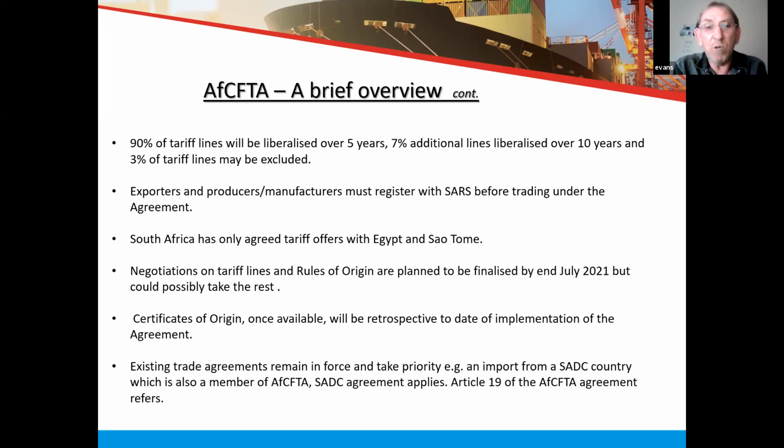There have been huge delays, and so it doesn't look like all these rules of origin and tariff lines and negotiations will be finalized by July. I think it will be extended quite a way into the end or near the end of the year. But I think they are trying to speed it up as quickly as possible because people do want to trade.